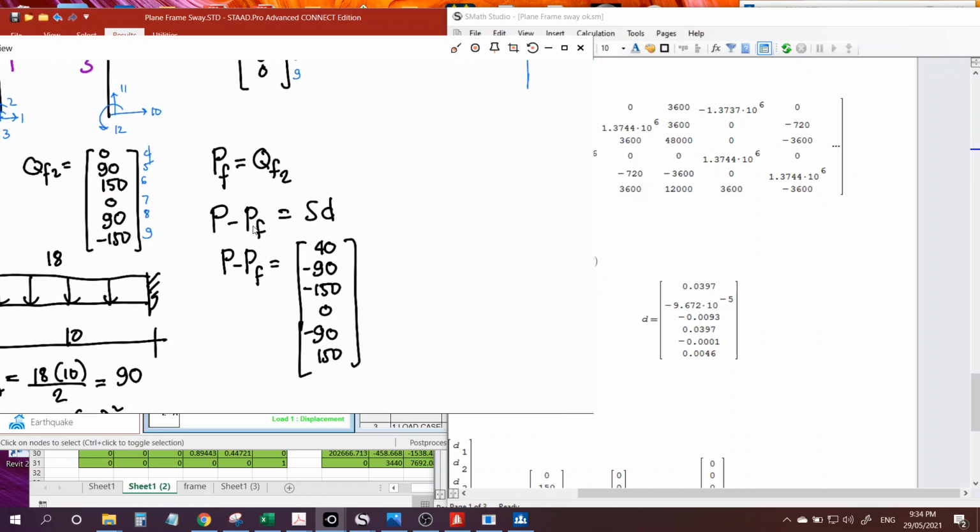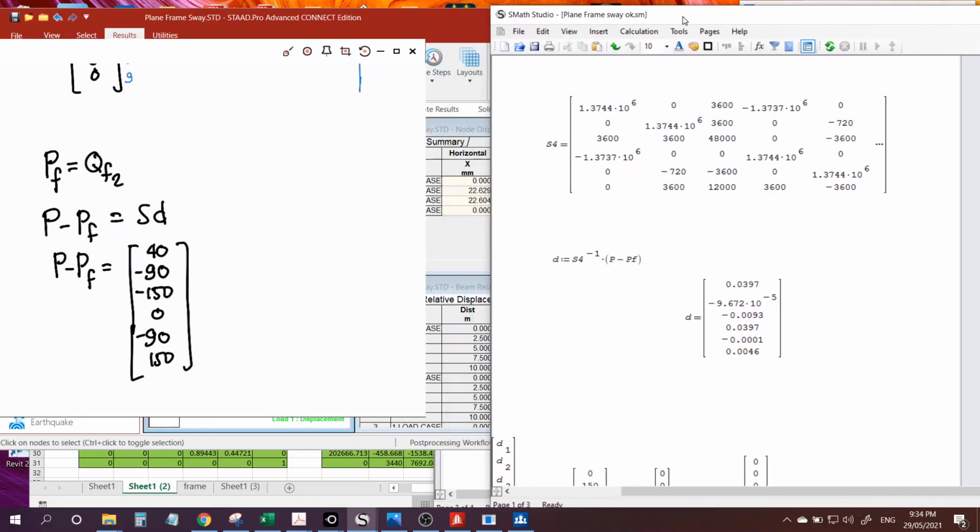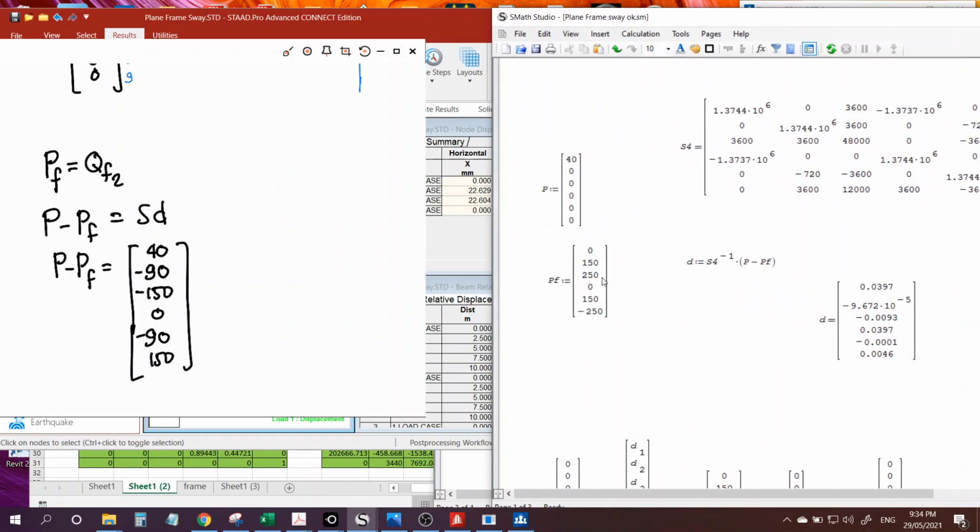Then combine P minus P sub F. This is the combined P minus P sub F, so it should be consistent here. So I have a separate vector for P and a separate column vector for P sub F.